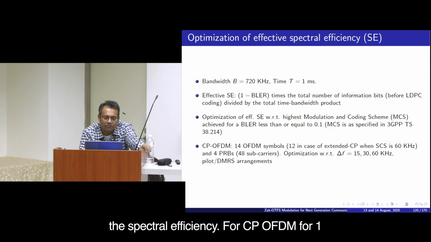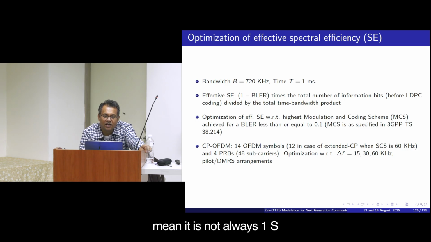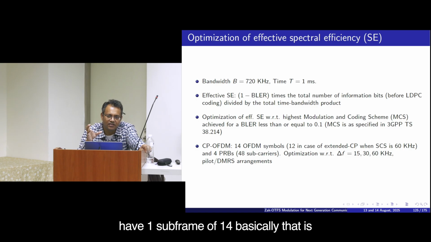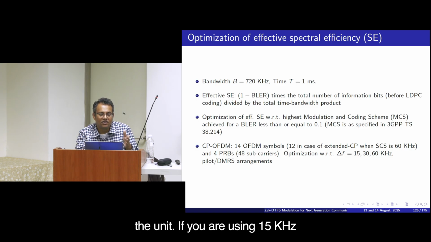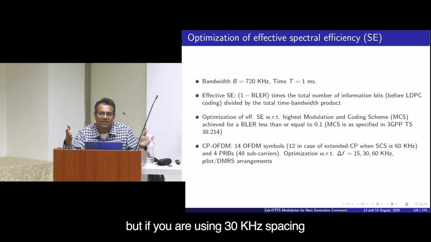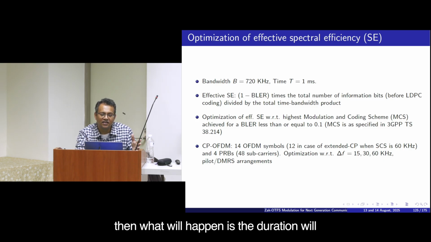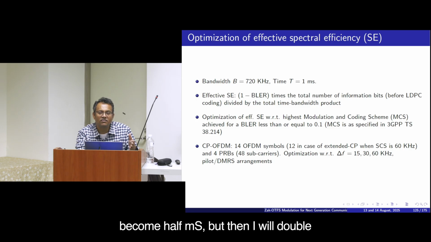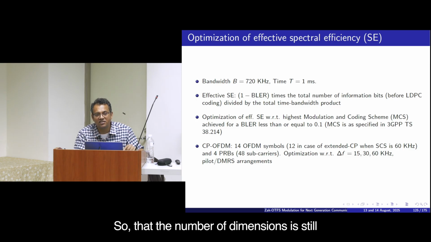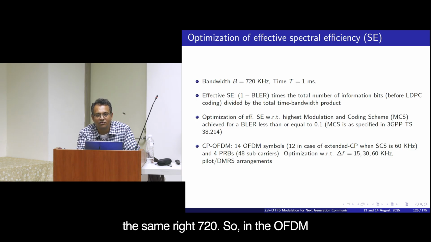For CP-OFDM, for 1 millisecond I will have 14 OFDM symbols. I mean, it is not always 1 millisecond. For CP-OFDM, I just need to have one subframe of 14 symbols, that is the unit. If you are using 15 kilohertz spacing, then it will be exactly 1 millisecond. But if you are using 30 kilohertz spacing, then the duration will become half a millisecond, but the bandwidth will get doubled, so that the number of dimensions is still the same, 720.